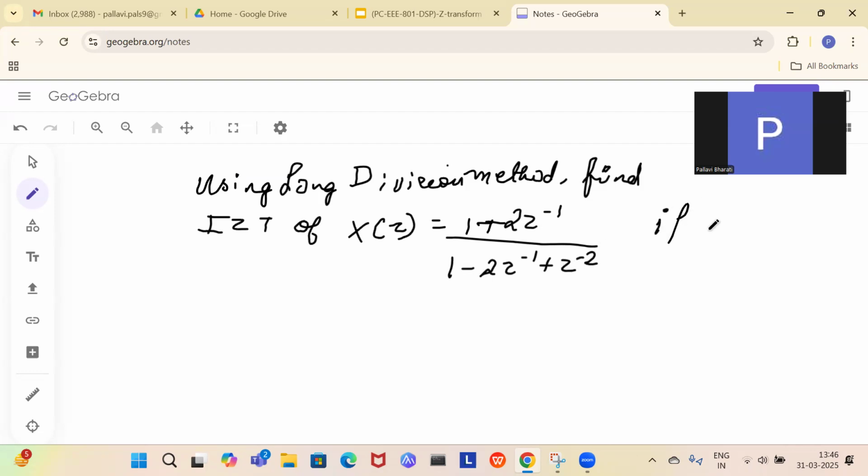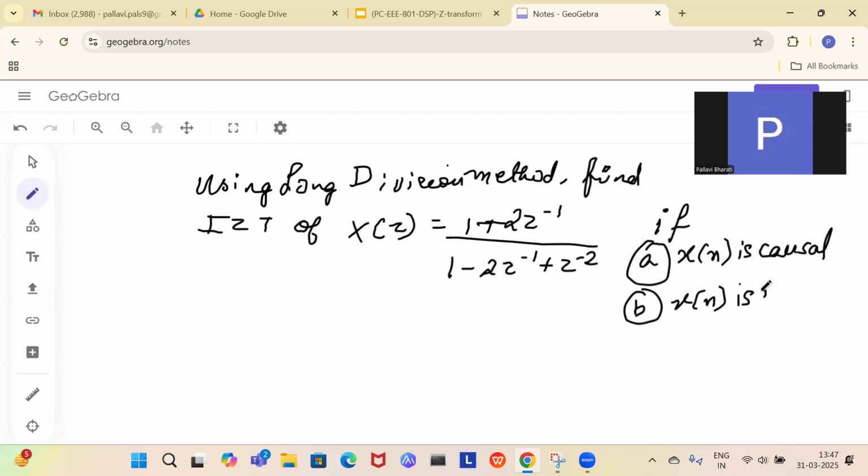So here is a condition given, and these two conditions are very important. First, xn is causal, and the second one, xn is anti-causal. So why are these given? When you are going to divide it, you will get values in both the causal part and the non-causal part.